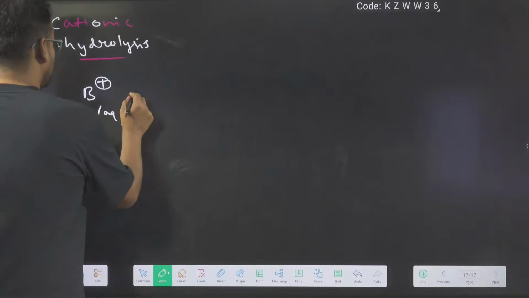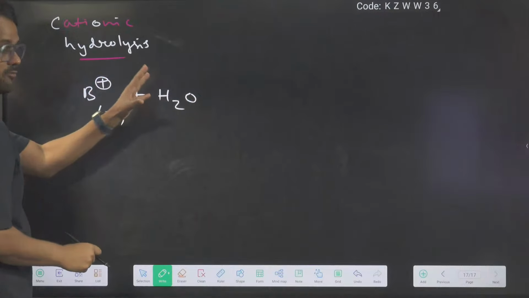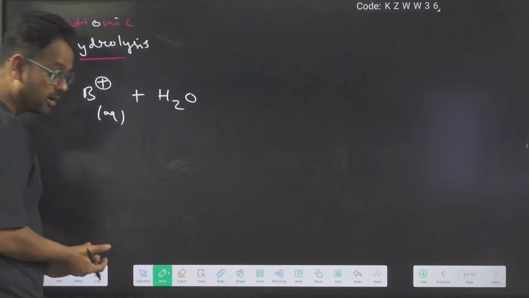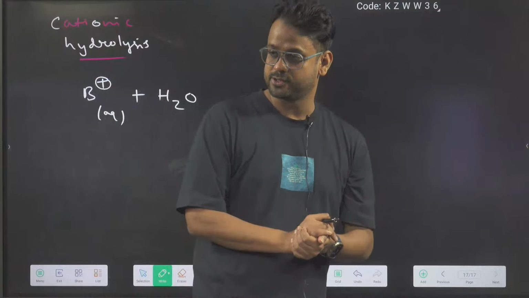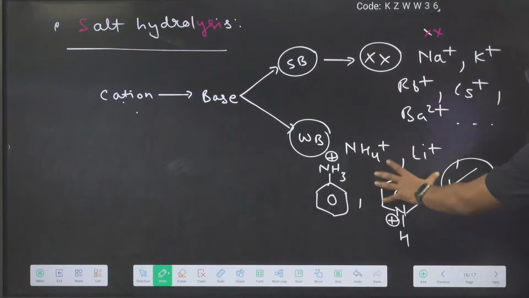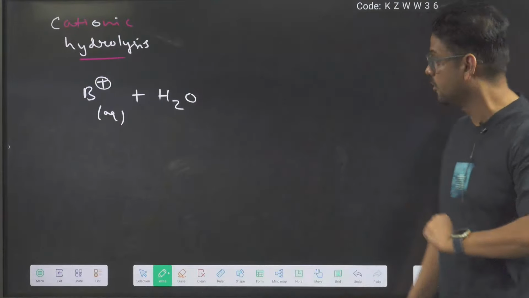When it undergoes a reaction with water, this reaction with water is called hydrolysis of cation, or cationic hydrolysis. And which cations will undergo hydrolysis? The cations coming from a weak base will undergo hydrolysis, okay?